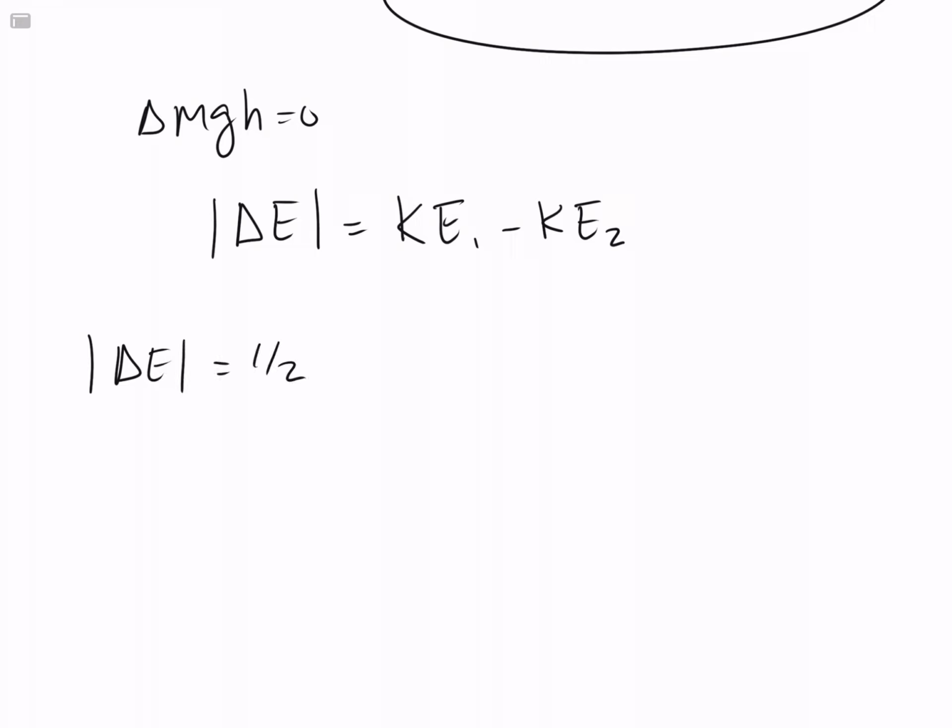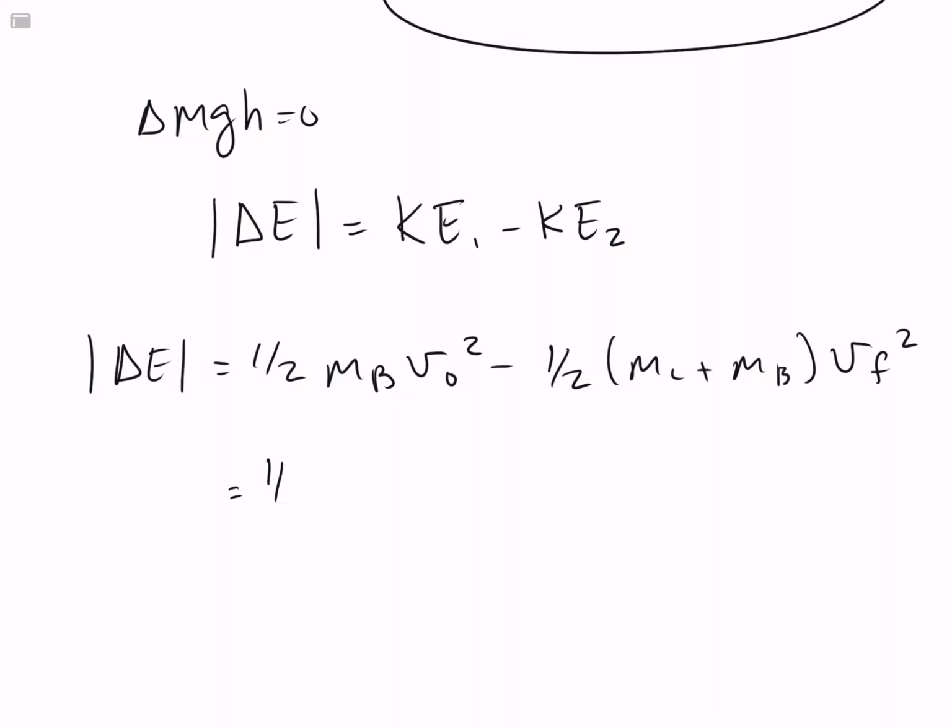So delta E is equal to 1/2 mb v naught squared minus 1/2 (mc plus mb) times v final squared. And we just solved for that v final.